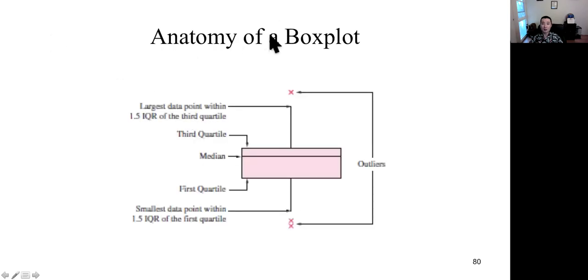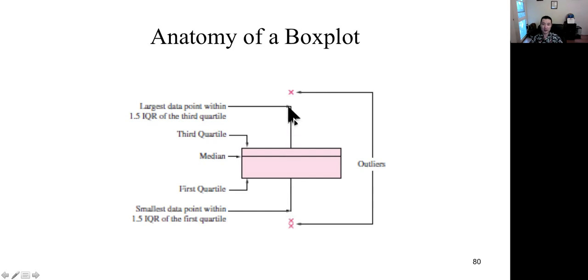So this is the typical box plot. This line is the third quartile, this line is the median, this is the first quartile. Also we draw the smallest data point within 1.5 IQR, then a line between here and here, which we call a whisker.